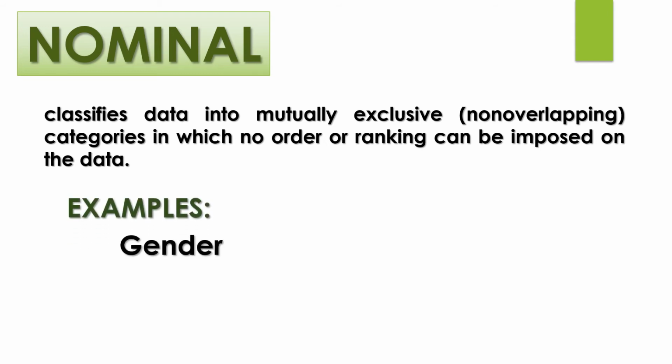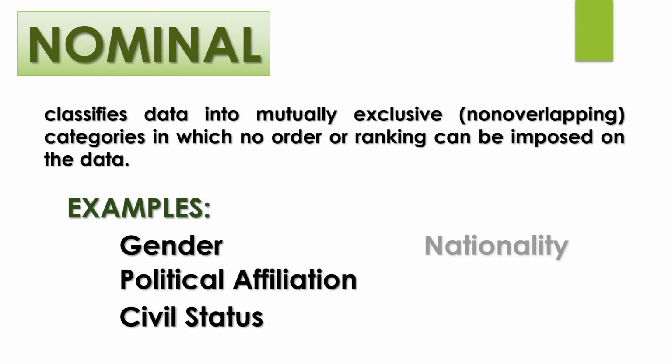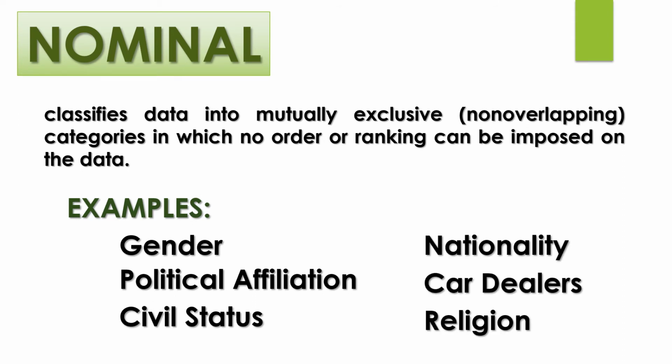So for example, gender, political affiliation, civil status, nationality, car dealers, and then religion. Okay, kung titignan natin siya, wala silang order. Sa gender, di ba, male or female. Wala namang lalo na sa atin yung equality na tinatawag. Okay, and then political affiliation.